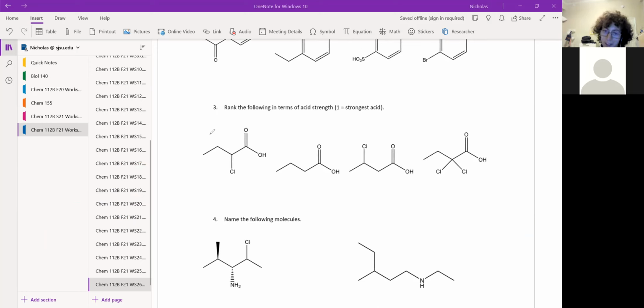Okay, so here we're looking at carboxylic acids and we're ranking them in terms of their acid strength. So this is a case where EDGs now make them weaker, and EWGs make them stronger. Yep, that is correct.